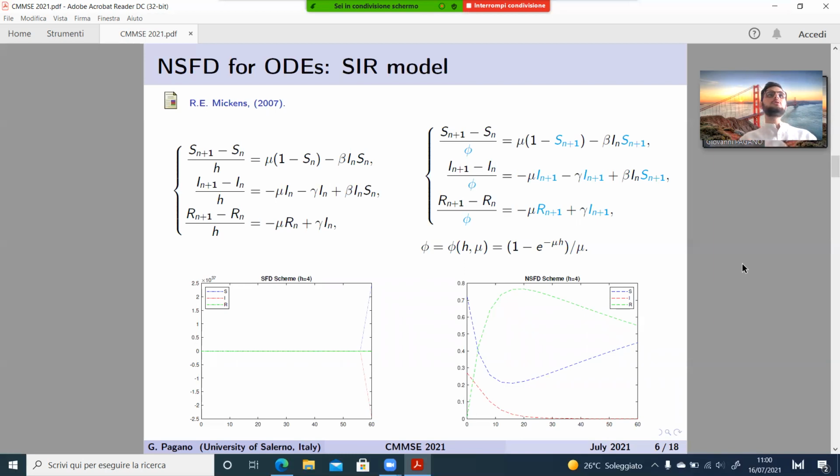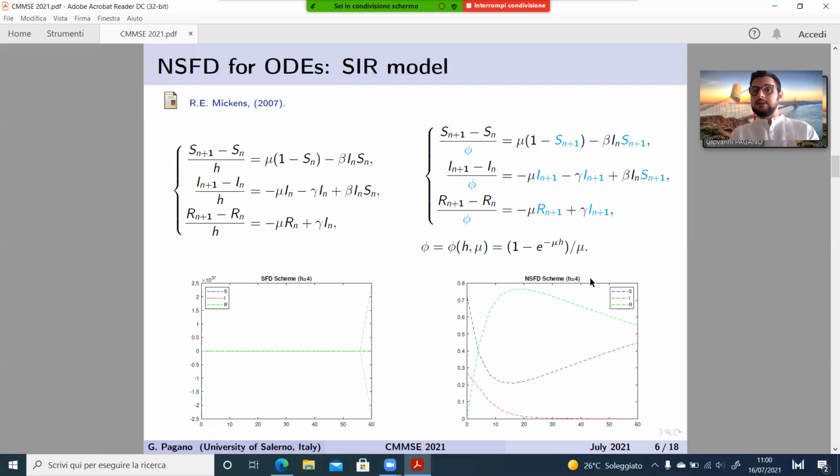We want to control and make provisions on our epidemic situation for long times. Therefore, we have to use a big step size if we want a cheap numerical method.